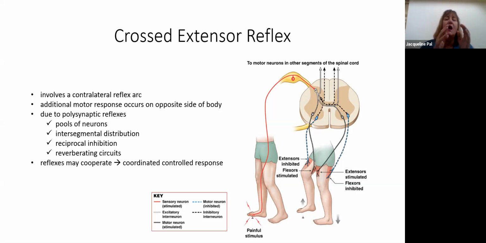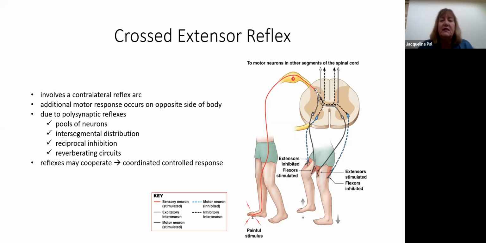And so in addition to the reciprocal inhibition happening on the same side of the body, we are now going to have a reflex on the contralateral side of the body. And so this can only occur if we have a polysynaptic reflex, because a monosynaptic reflex will not be crossing to the other side. That gray commissure only involves those interneurons.